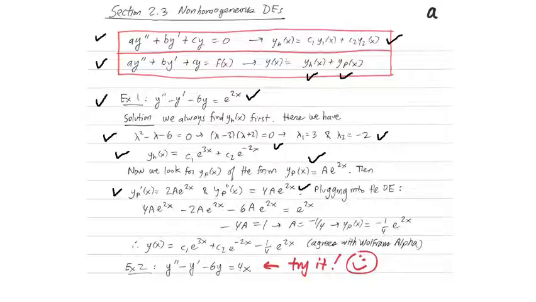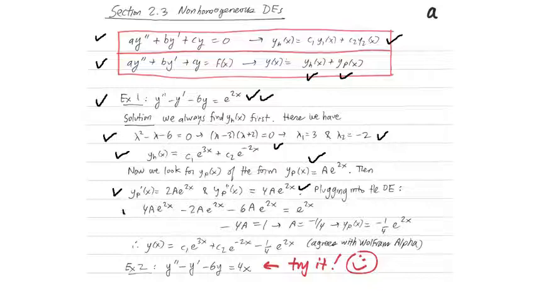Then we take those expressions for y particular and the first and second derivative of y particular and plug those expressions back into our original differential equation, which we started off with.